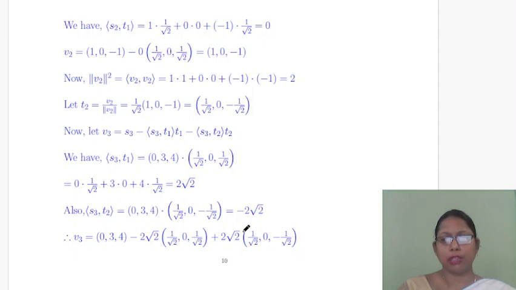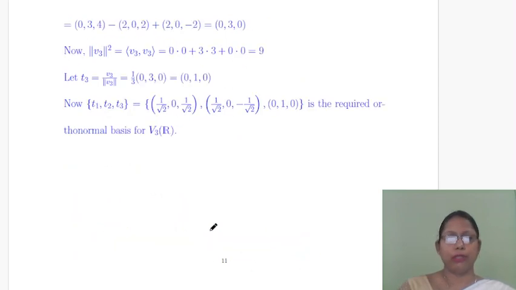S3 T2 is minus 2 root 2, so minus minus 2 root 2 will be plus 2 root 2. Then put the value of T2, 1 by root 2, 0, minus 1 by root 2, which on simplification will give you 0, 3, 0.